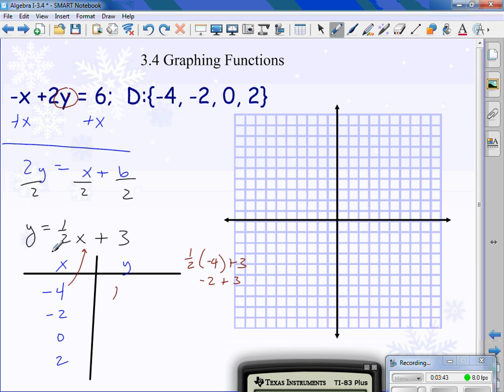I'm going to do the same thing now for negative 2. What's half of negative 2? Negative 1. What's negative 1 plus 3? 2.